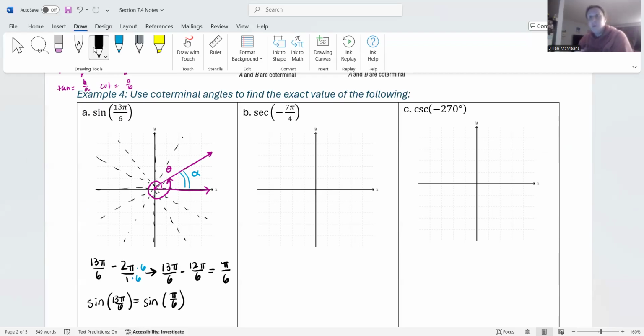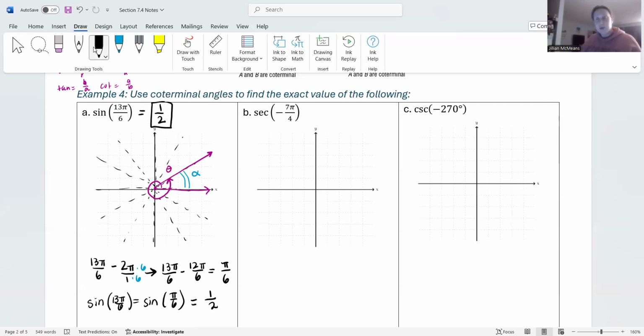If you go back to your notes for section 7.3, you have a table where we filled in the 6 trig functions for 30 degrees, 45 degrees, and 60 degrees, okay? And it just so happens that sine of 30 degrees, or pi over 6, equals 1/2. So that tells me this up here is equal to 1/2.